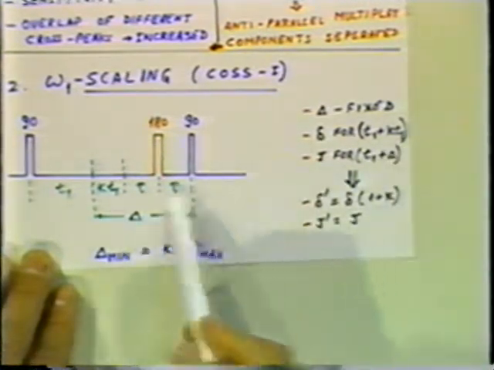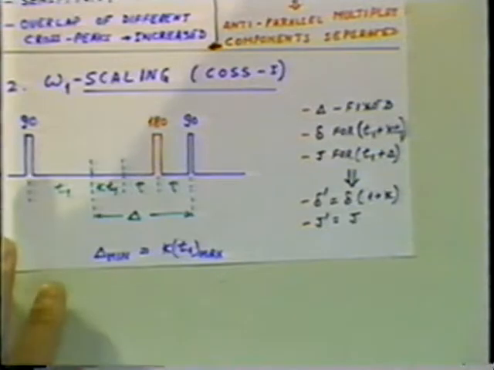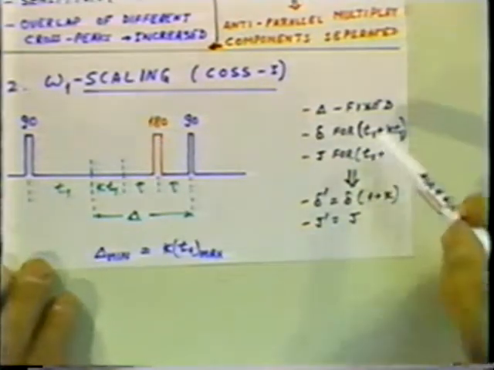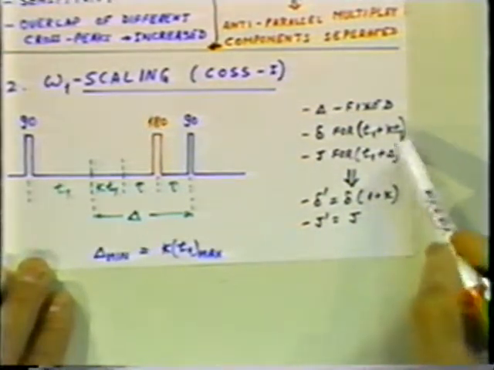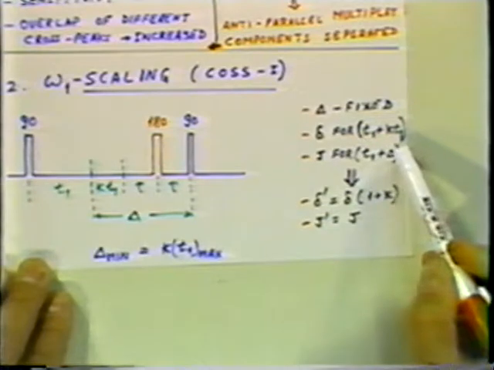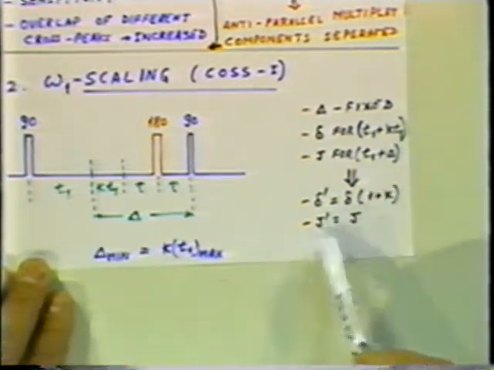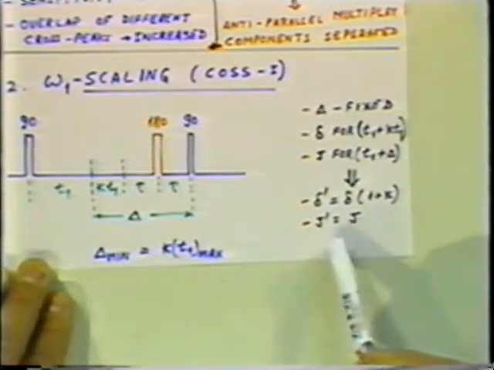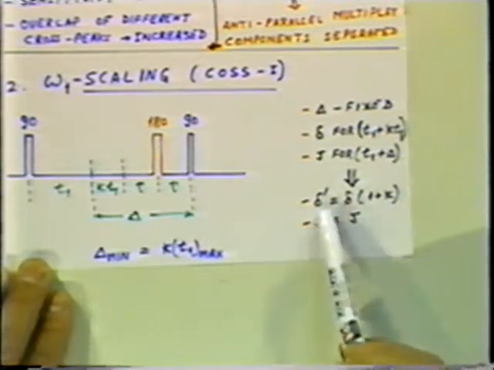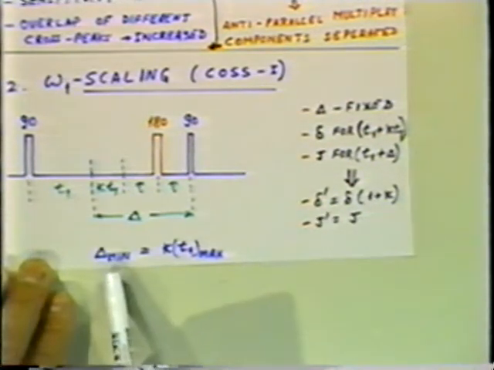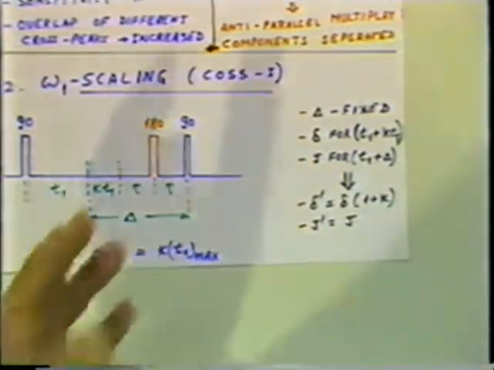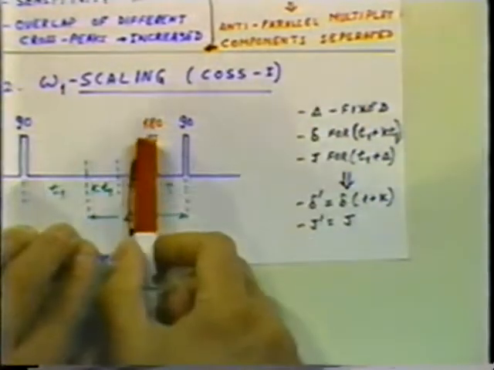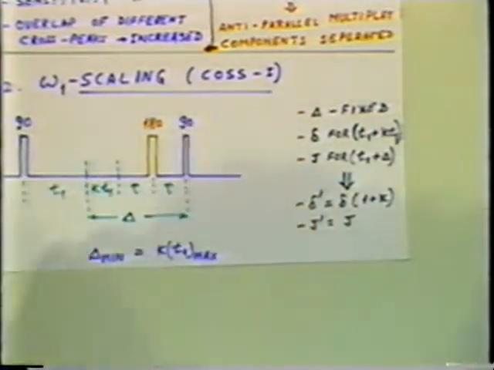But this fixed time period is not Fourier transformed. Only T1 is Fourier transformed; we are doing the Fourier transform with respect to T1. This will only add a phase shift. It will not add a frequency. So J is not scaled, but delta is scaled. And you need a minimum delta for this experiment, equal to k times T1 max, because of course you have to move the 180-degree pulse all the way from the middle to the end.